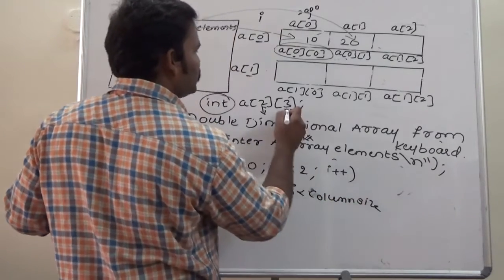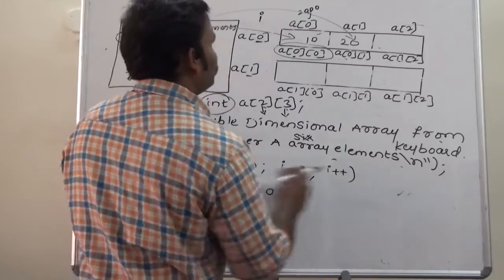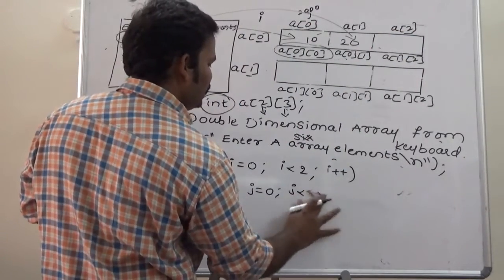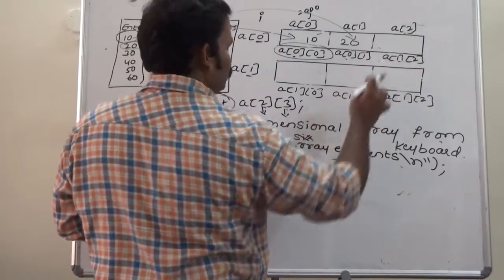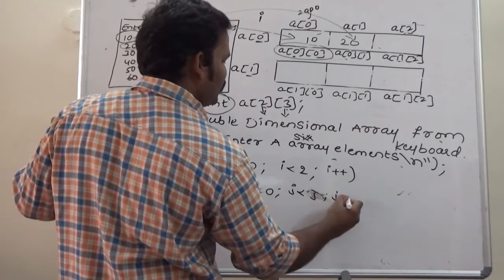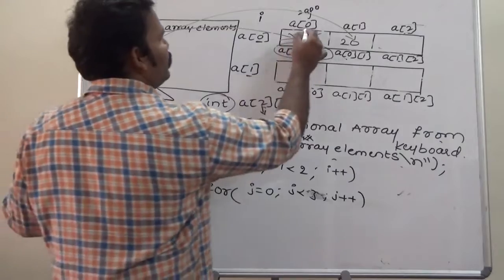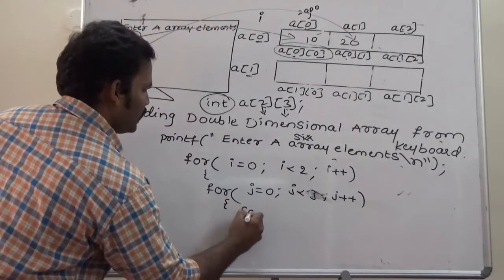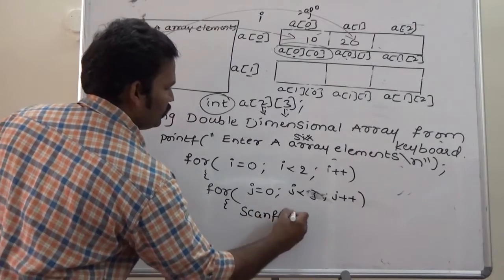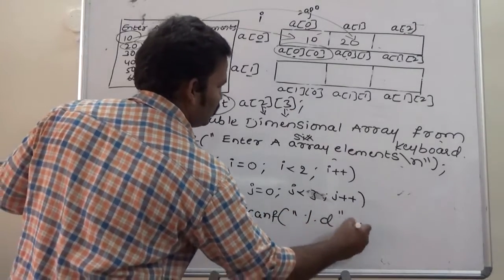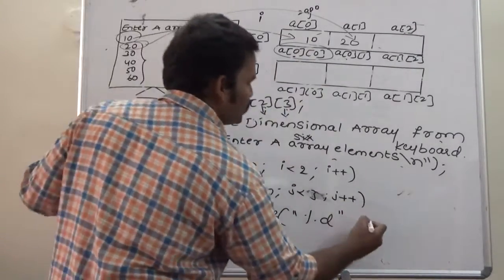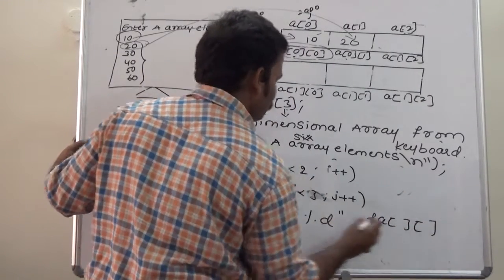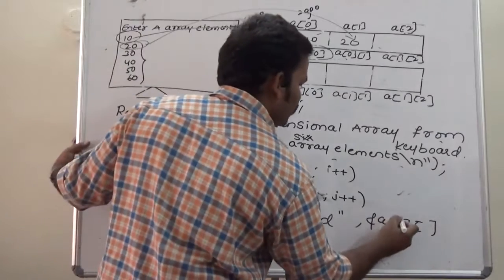Here the column size is 3. j less than 3 means up to 2. j plus plus, so we increment the j value. Next scanf with %d. For the first location index a[0][0], but don't write a[0][0]. Here we have to write a[i][j].